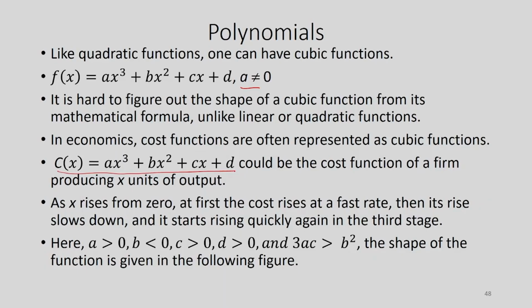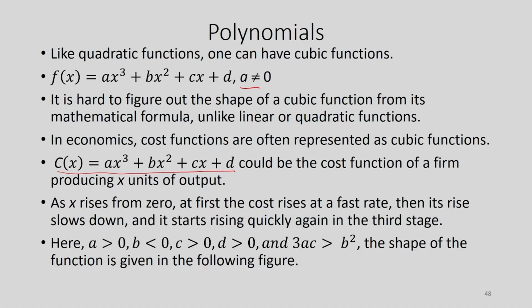As x rises from 0, at first the cost function rises at a fast rate, then its rise slows down, and it starts rising quickly again in the third stage. So, it is conceivable that the cost function of a firm behaves like that. Firstly, it rises very fast.